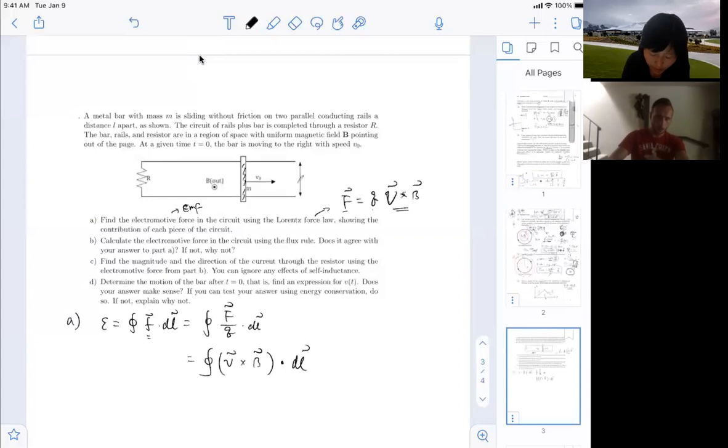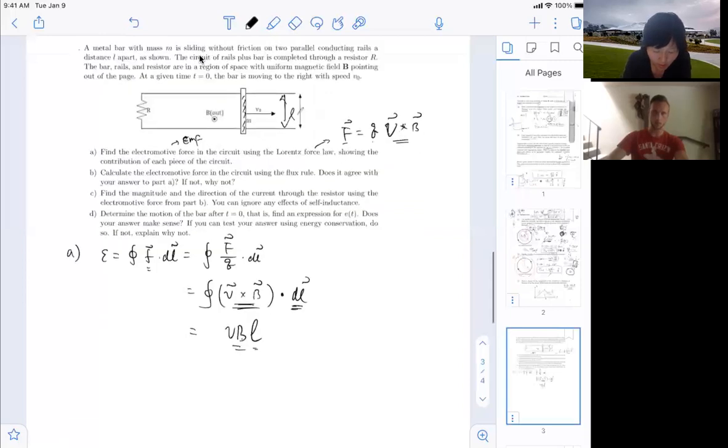You can see V and B are perpendicular, so it gives you V times B and the entire length, which is this L. So VB times L. V cross B is the same direction as your dl, which is why the dot product becomes multiplication. So your EMF is B times V times L. That's it.